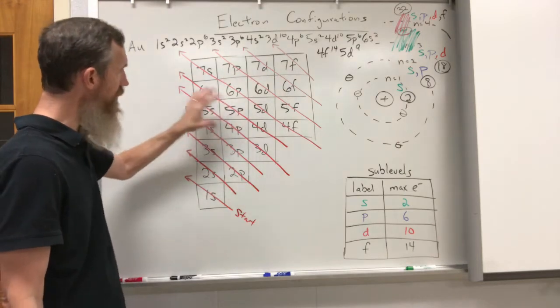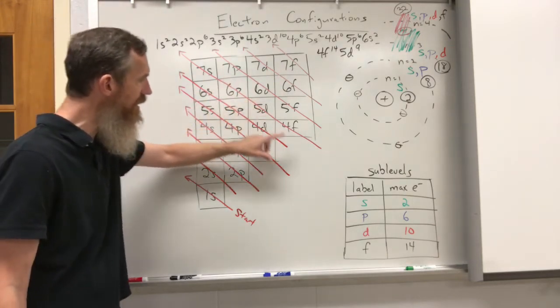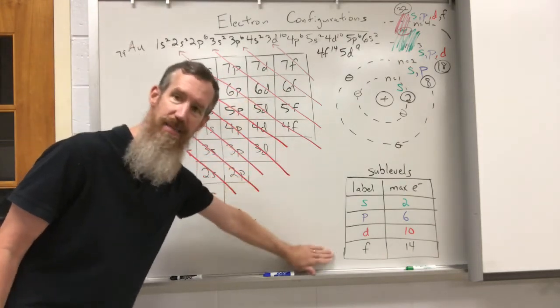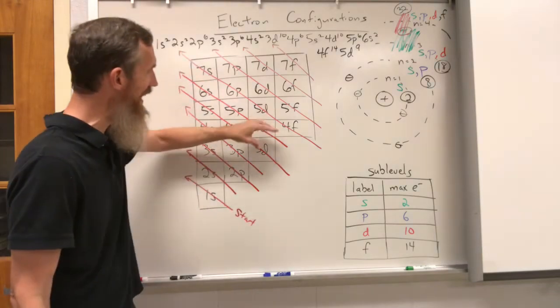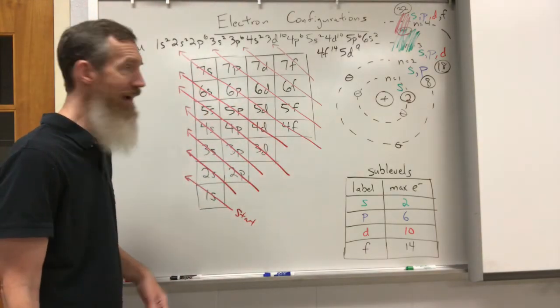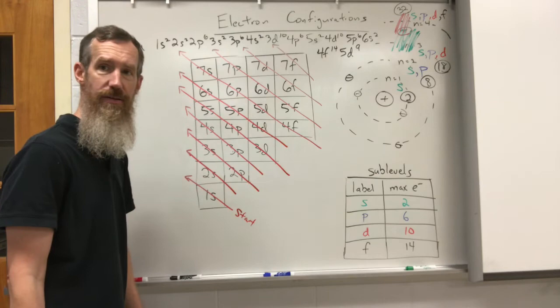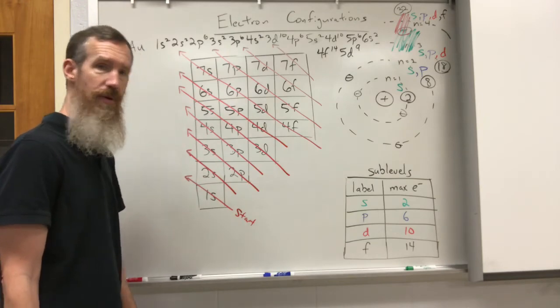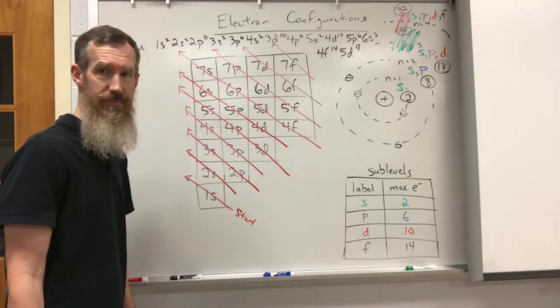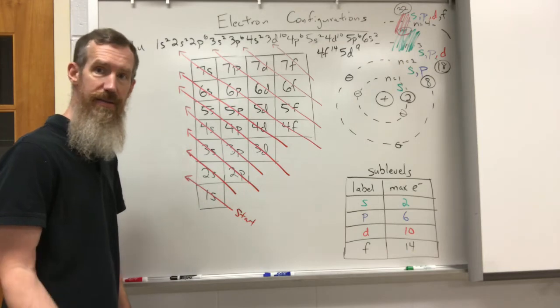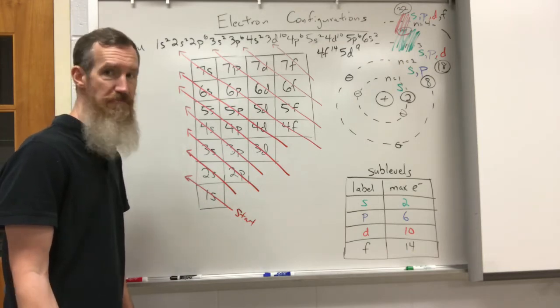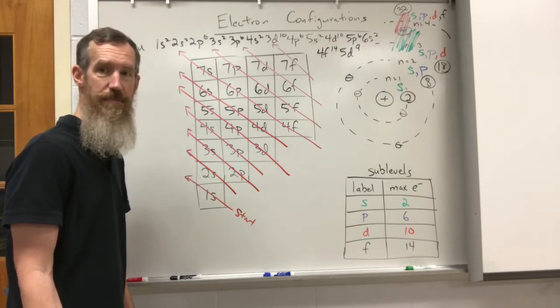You just have to follow the arrows and put the right possible electrons in the right sublevels. Now it's just following a pattern. So I'm only going to do this one example, and you should be able to come up with any configuration that I give you.